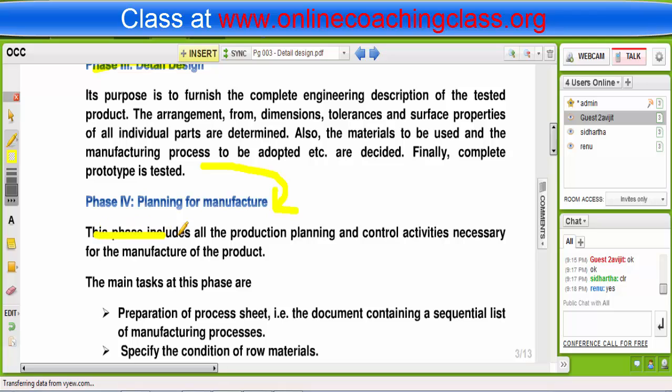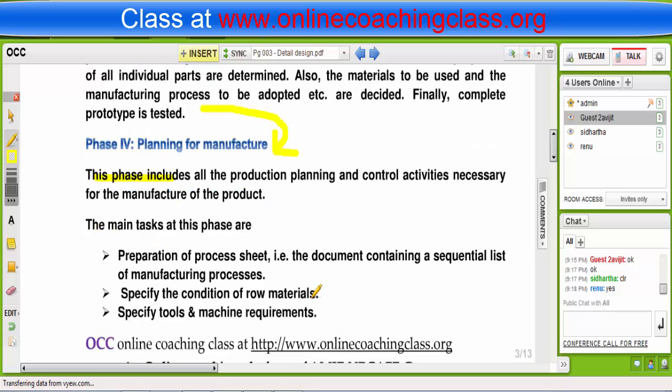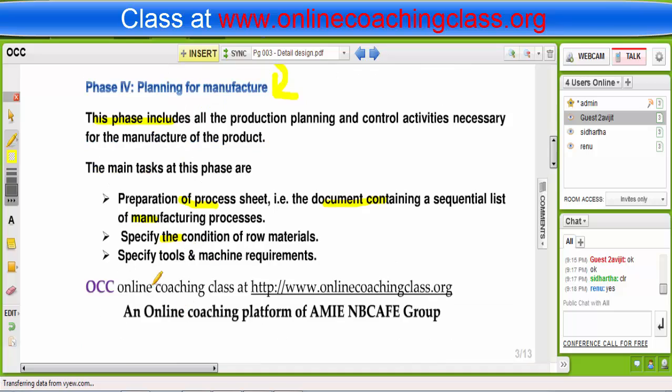This phase includes all the production plan and control activities necessary for the manufacture of the product. The main tasks at this phase are preparation of process sheet, a document containing a sequential list of manufacturing processes, specify the condition of raw material, specify the tools, machine requirement. Do you understand? The manufacturing engineers have to do those things.